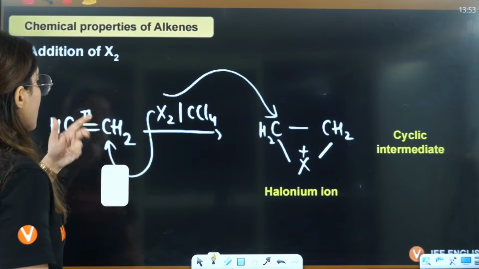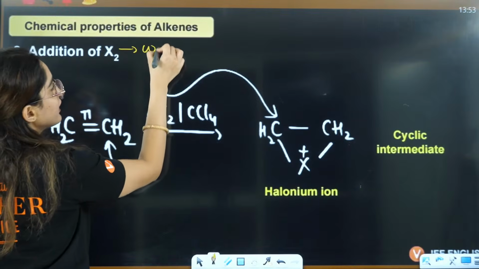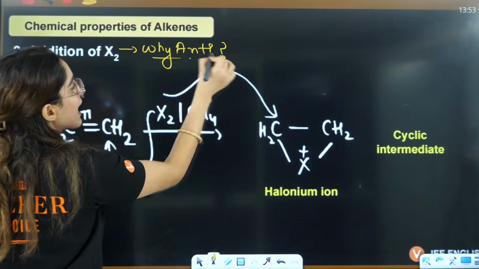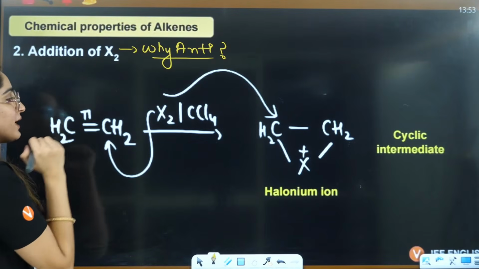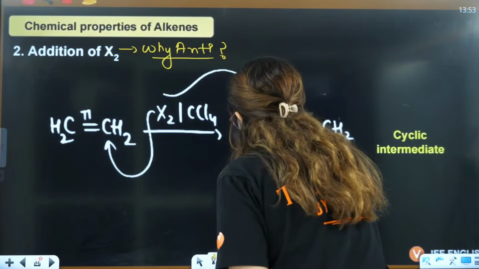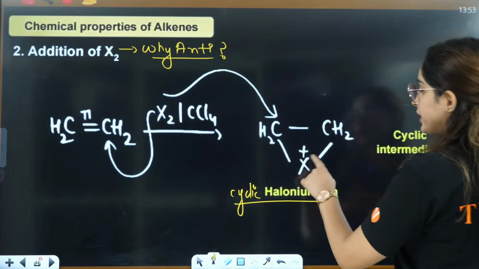Let's see this. Why is it so? Why is it anti-addition? It is anti-addition because when you break this pi bond, X will form a cyclic halonium ion. Cyclic halonium ion is formed.